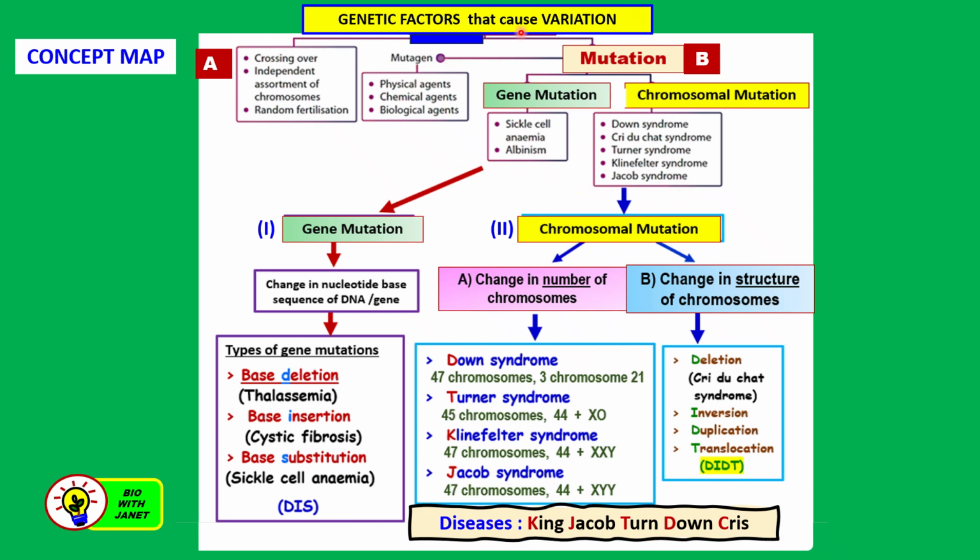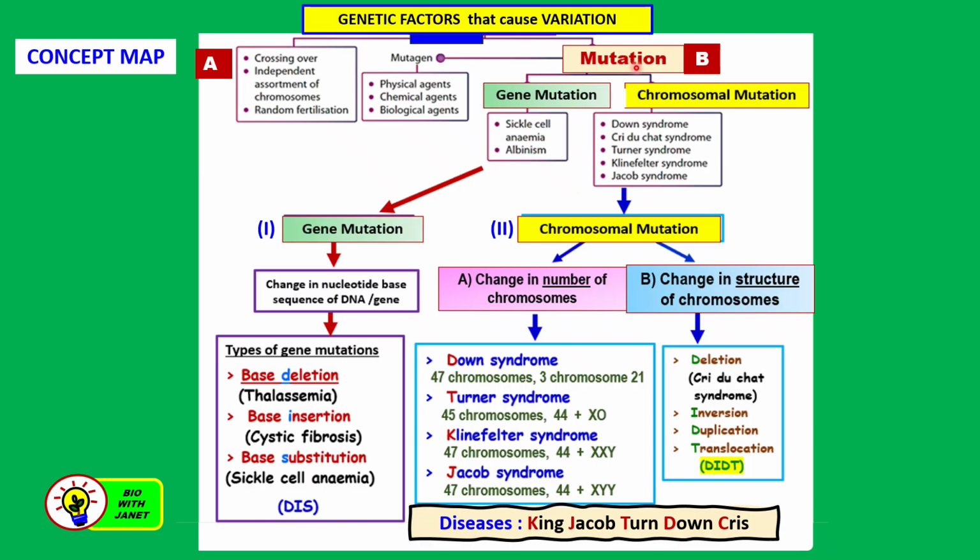Genetic factors that cause variation are, first, crossing over and independent assortment of chromosomes, all of which occur during meiosis, and then random fertilization. And then mutation is the other genetic factor. So there are 4 genetic factors: crossing over, independent assortment of homologous chromosomes, random fertilization, and mutation. All these are genetic factors that cause variation.